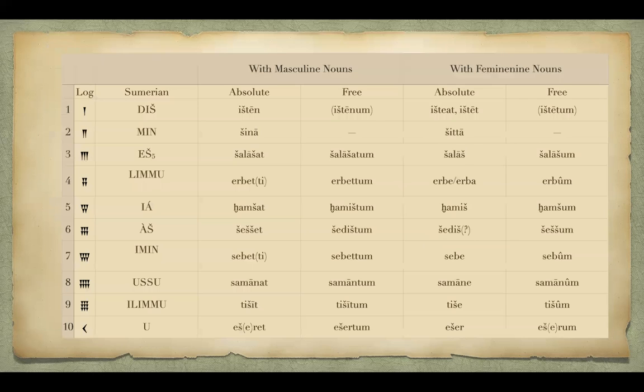One thing to say about this, going back really quickly to number 10, U, this happens to be our U1 in our sign list. And the U1 is not very commonly seen.